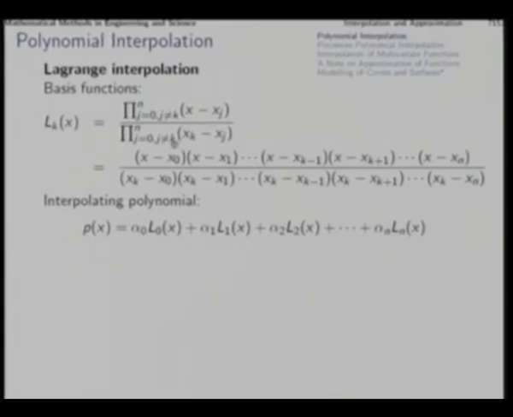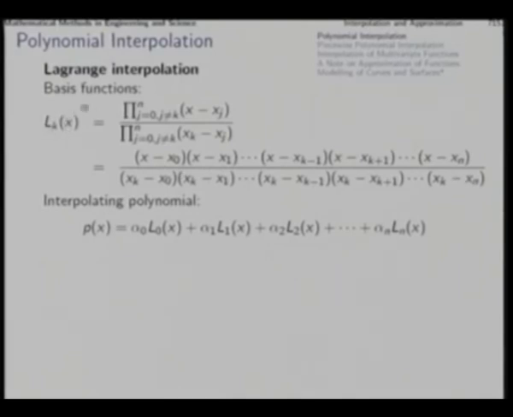For the basis function k equal to 2, we have here x2 minus x0, x2 minus x1, x2 minus x3, x2 minus x4, and so on up to x2 minus xn, and that is a number. In the numerator, we will have the corresponding x minus x0, x minus x1, x minus x3, x minus x4, etc., up to x minus xn, omitting x minus x2. So, that means this numerator is an nth degree polynomial in x, and the denominator is a number.